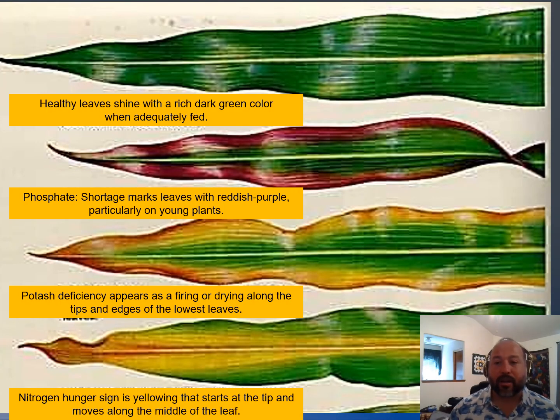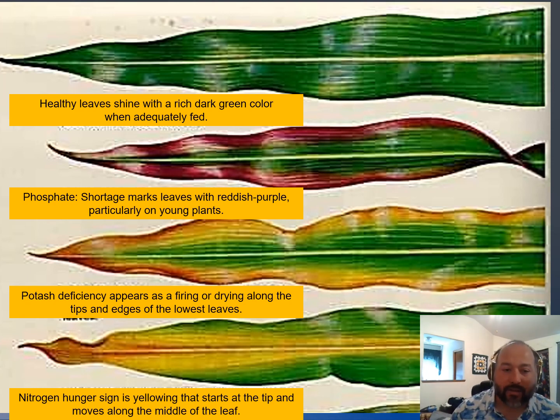Here's another look at the different deficiencies, specifically focusing on our idea of NPK. So here's a healthy leaf shining with a dark, rich color when it's adequately fed and everything's going great and it is happy.